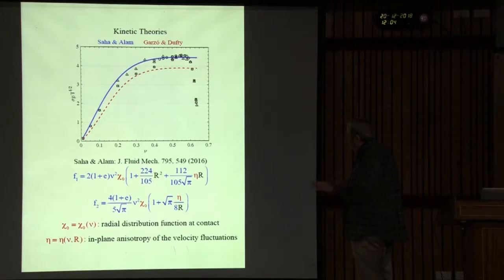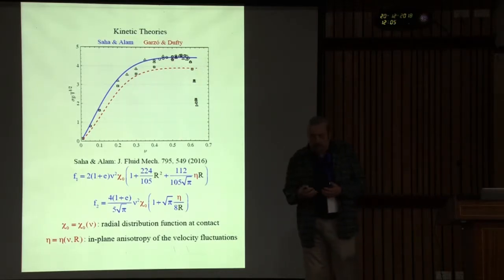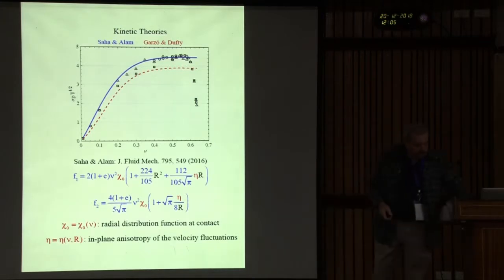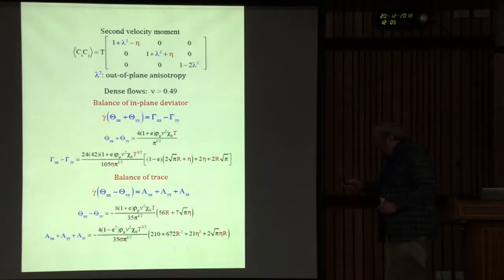And what I'd like to do first, again focusing on the theory of Saha and Alam, is explain why their theory gives a constant value of the dimensionless fluidity in this limit, and that allows me to introduce some of the equations that I'm going to need in order to try to explain the dip. So here is the second moment of velocity.